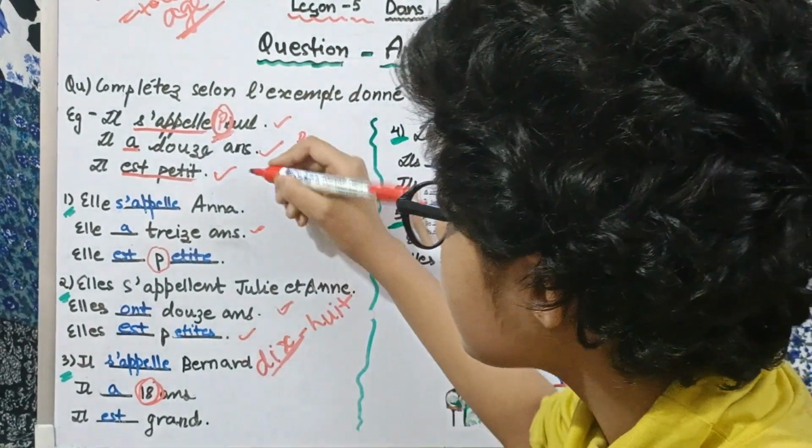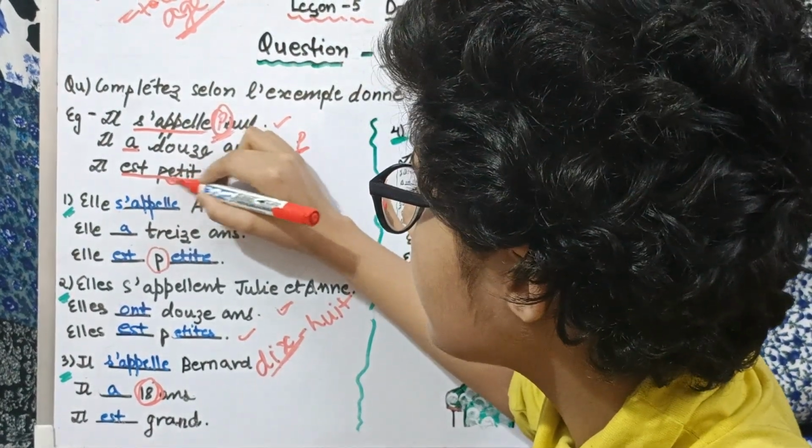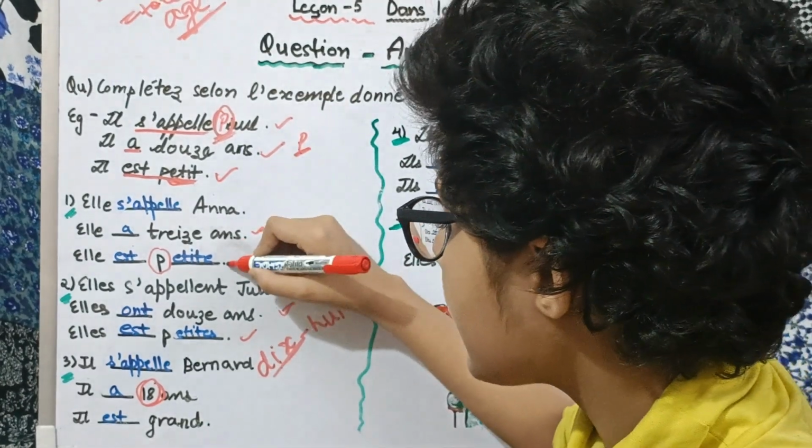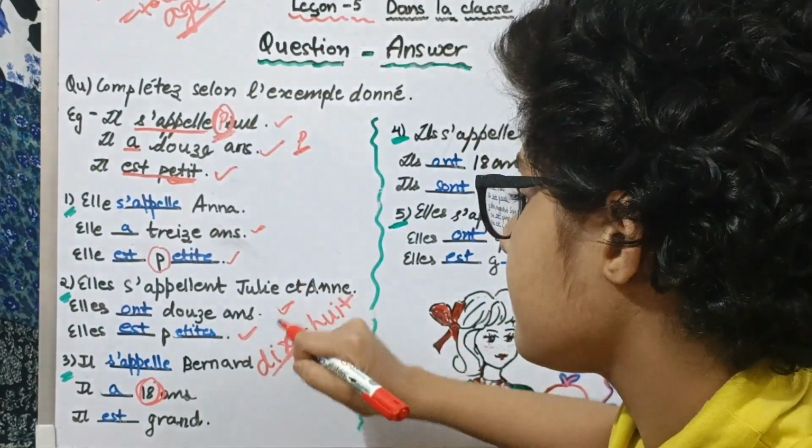So now first we have this sentence as petit, we need to fill it by ourselves. Then we have this and this, we need to fill them both by ourselves.